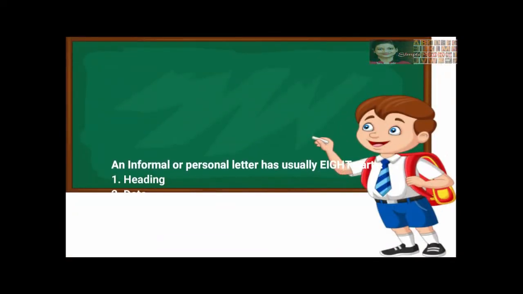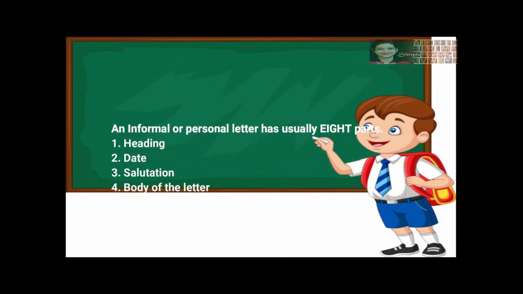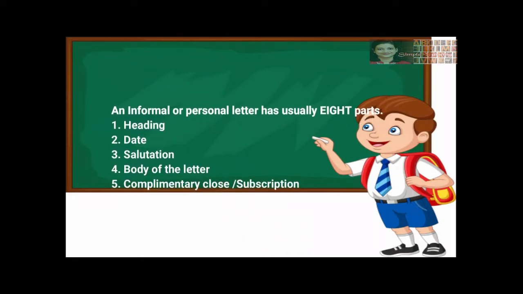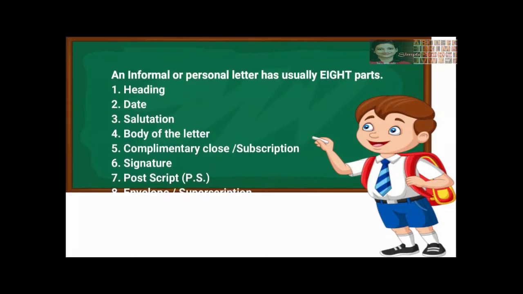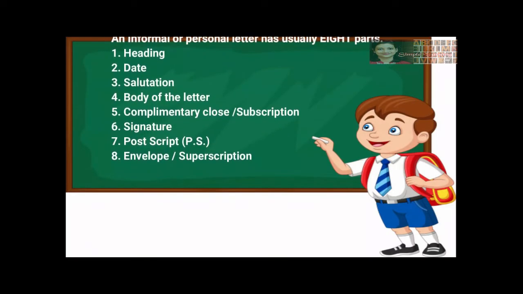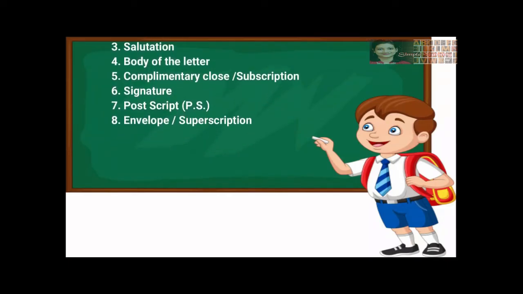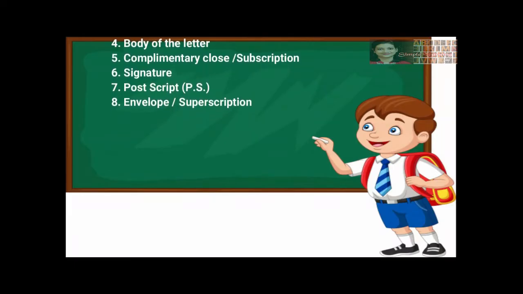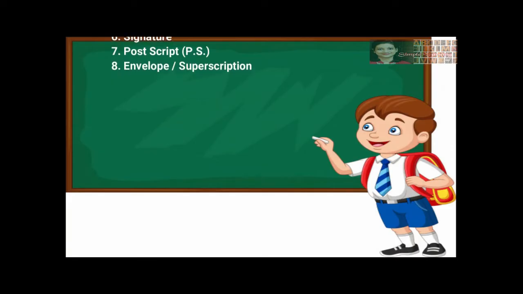These are: number 1, heading; number 2, date; number 3, salutation; number 4, body of the letter; number 5, complimentary clause; number 6, signature; number 7, postscript; number 8, envelope or superscription. Now we will learn each of the parts in detail.